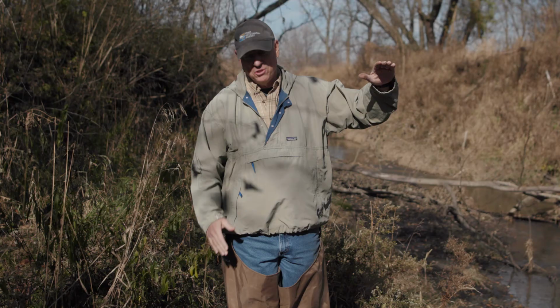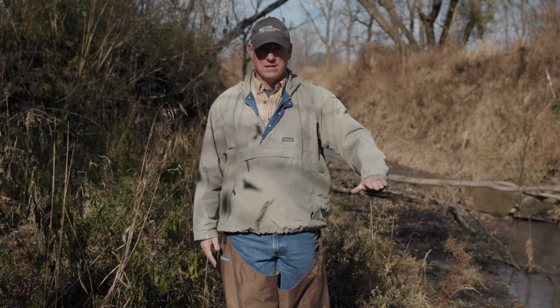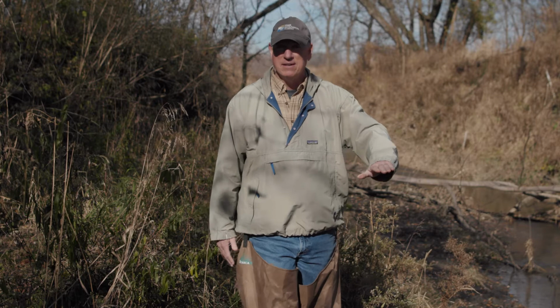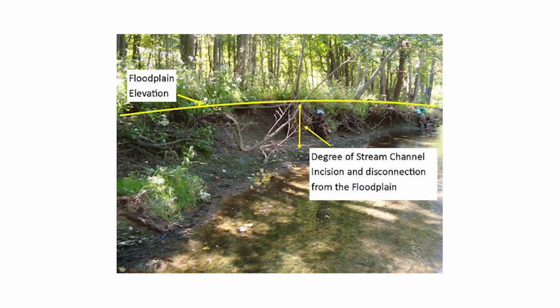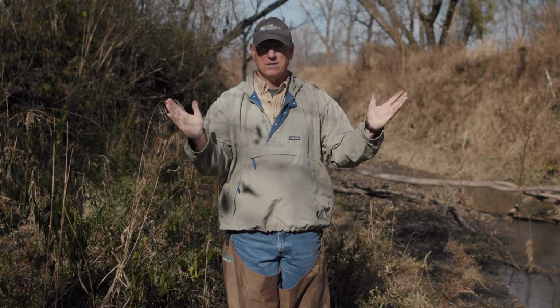As these streams evolve over time, there's usually a quick incision where it cuts down to something that's going to prevent the bed erosion from occurring, and then it starts to widen. We're in this phase right now in the evolution of this stream channel, the widening phase, and slowly we're going to widen this thing out far enough where the stream is going to start meandering within the newly formed channel.